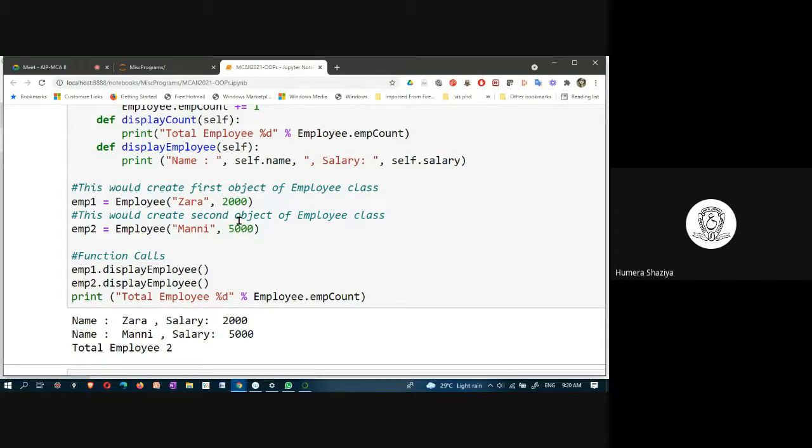Students, there is a question for you. Here we could print employee.emp count. Now, suppose we don't want emp count to be visible outside the class.